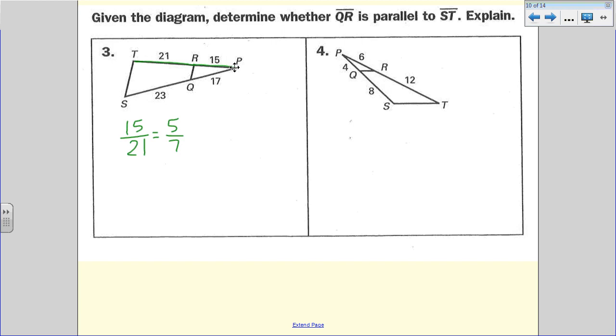And I take a look at the next one. I have to set up PQ, that's the other side of 17, over the bottom segment of 23. 17 and 23 are what I consider to be nice numbers for ratios because they're prime, so they don't simplify. So because 5/7 and 17 over 23 are not the same, 5/7 does not equal 17 over 23.